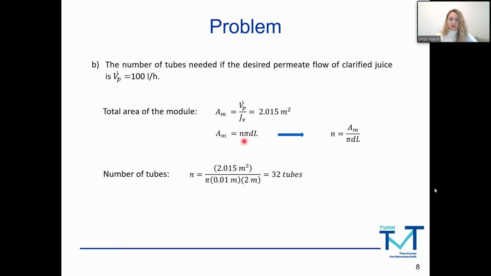It is given in our task that our tubes have a diameter of 1 centimeter, so this is 0.01 meter, and a length of 2 meters. So this is the area of the whole module, this is the area of the tube, and in the end, you should get approximately 32 tubes.